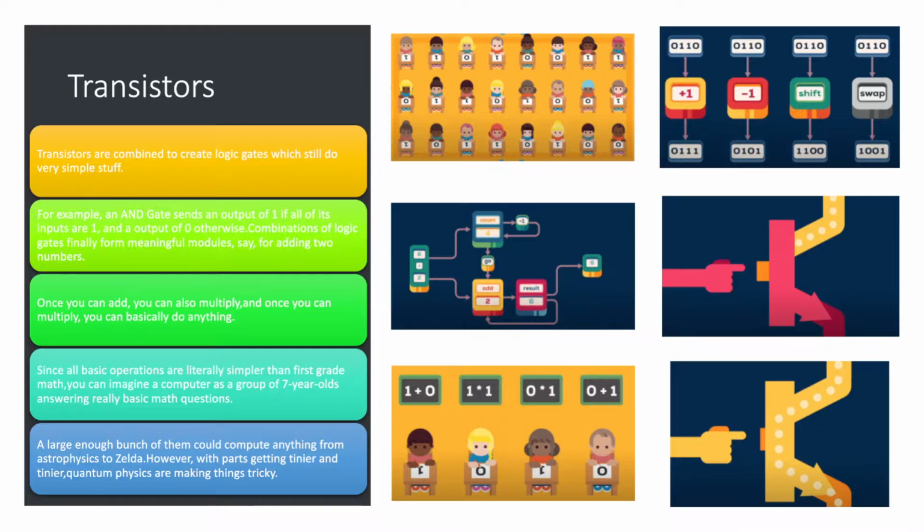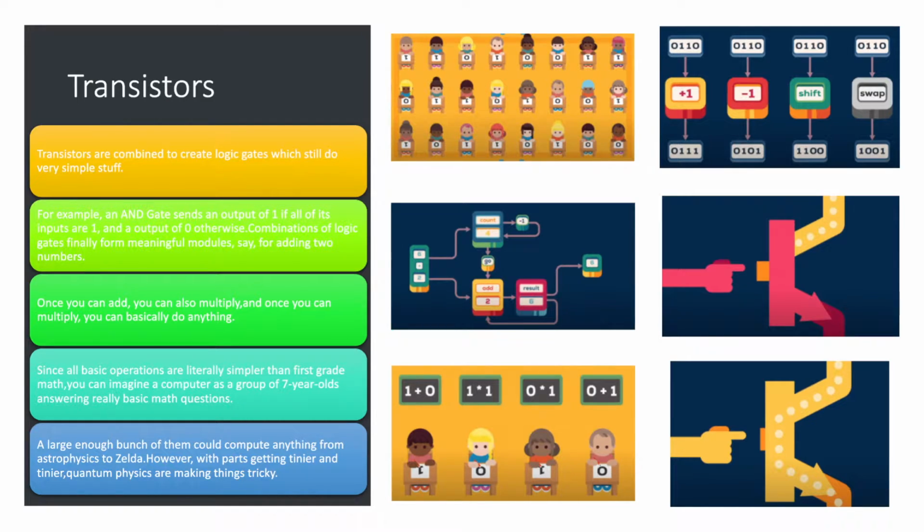Logic gates are made up of transistors that perform extremely basic tasks. An AND gate, for example, sends a 1 output if all of its inputs are 1, and a 0 output otherwise. Finally, logic gates are combined to construct useful modules, such as adding two integers. We can multiply once we can add, and once we can multiply, we can do anything.